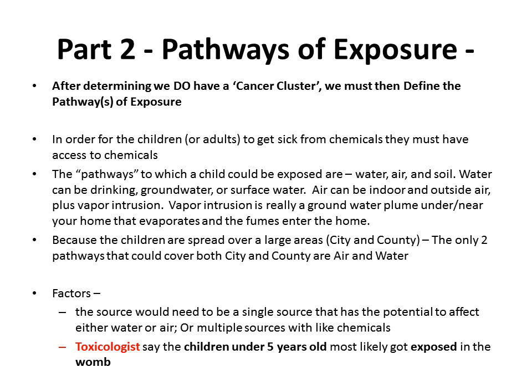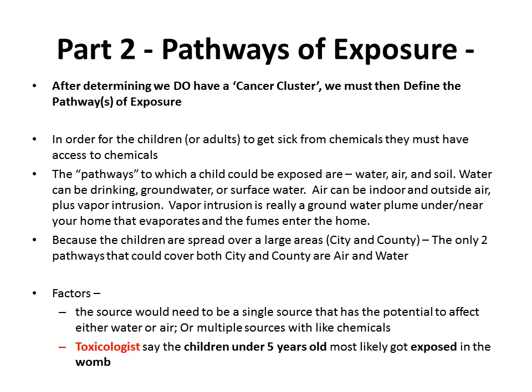That groundwater flows around in the community, and the plume is either under or near your home, and those chemicals evaporate out of the plume, and the fumes actually enter your home. So they can enter through holes in or cracks in your slabs. They can enter in various different manners.